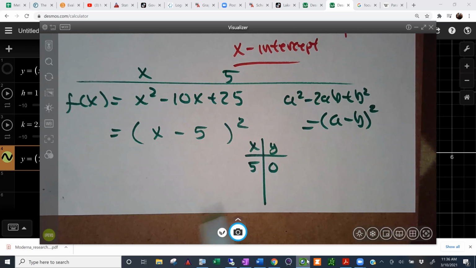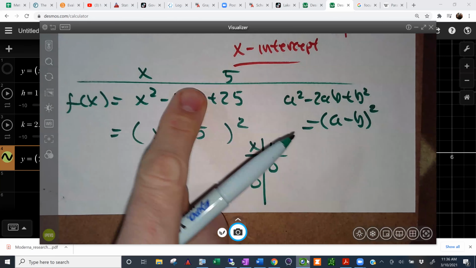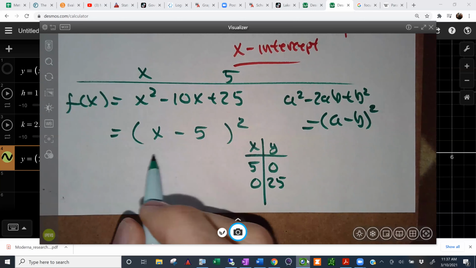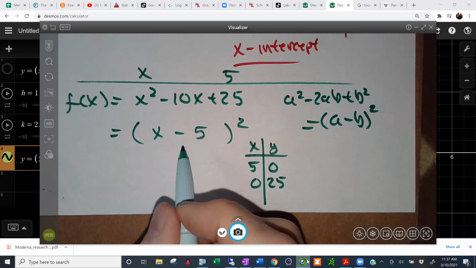Can anyone tell me what the y-intercept is going to be? 25. Excellent. If you put in a 0, that's 0, that's 0, you're left with 25. 25 is probably not going to fit on our graph. So somebody remember what I suggested when you have a graph like this that doesn't fit too well?